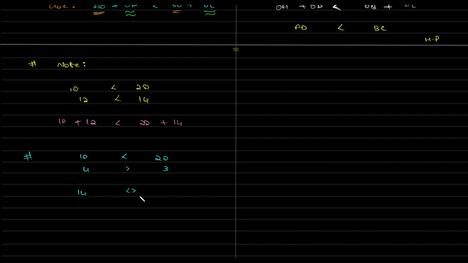What if these are variables? Whenever you get such a scenario, we need to convert 4 is greater than 3 into 3 is less than 4 and then add things on the left hand side and on the right hand side. So what I'm trying to tell is the lesser than sign has to be the same in both equations, only then you can add. So you can add equation 1 and 2.